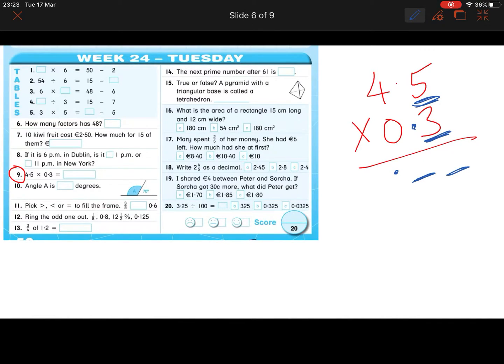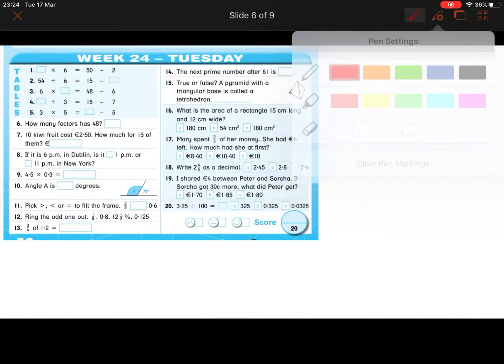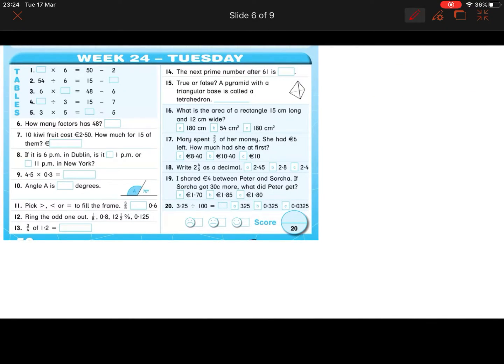It's only 0.3, so I would expect this number to be less than 4.5. We're only looking for 3/10 of it. And we're going to have 2 decimal places. So take care of that one tonight. I know that's sometimes tricky. For number 11 and 12, you're going to need to put all of these numbers into decimals to work it out.